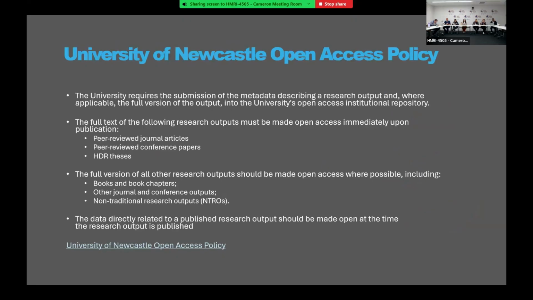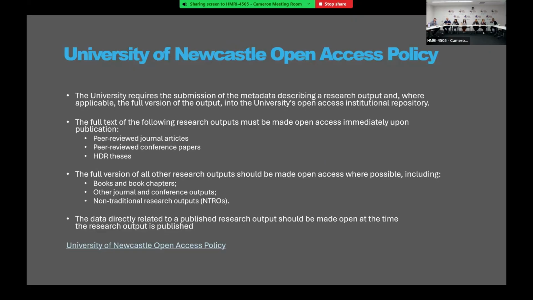So the first one is our university open access policy. What this one requires, and the key principles that we've got listed here on the screen, are around the metadata that describes the research output and the full version of the research output where it is possible should be submitted to our institutional repository, which is Open Research Newcastle.